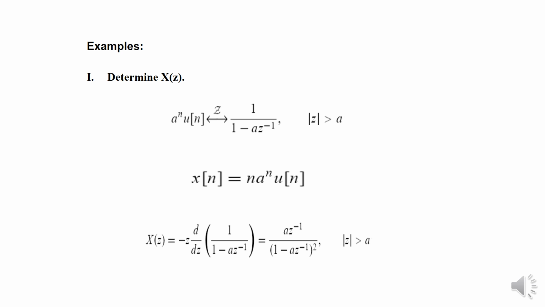So in here, you were given the z transform of a^n u[n]. We'll take that as, according to this, the z transform is 1 over 1 minus a z^-1, and the region of convergence is |z| larger than |a|. Then you were asked to find what will happen to the z transform when a^n u[n] is multiplied by n.